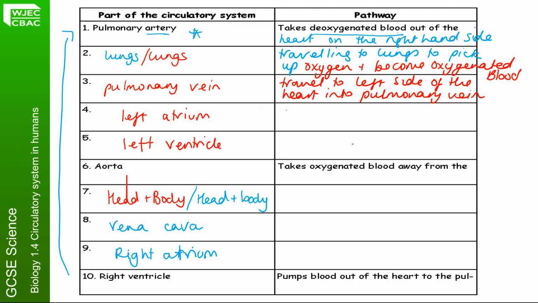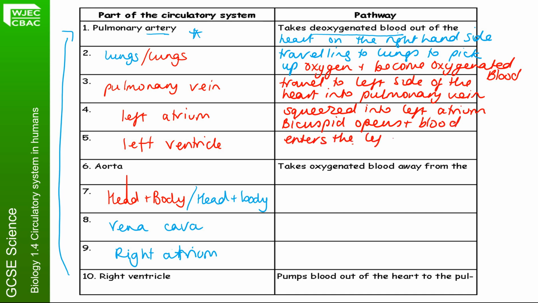From the pulmonary vein, it's going to get squeezed into the left atrium, the bicuspid valve opens and blood then enters the left ventricle. This squeezes, double E, blood through the semilunar valves.